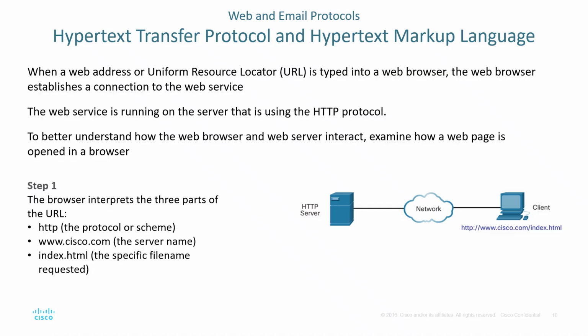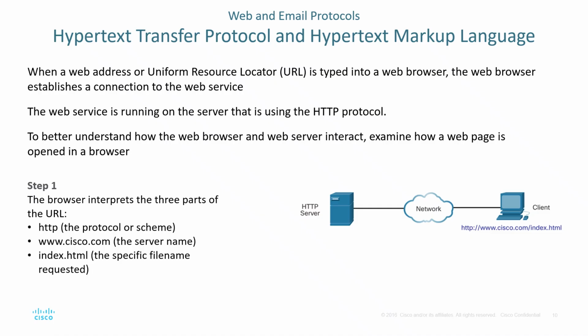Now, what you should see immediately in your browser is when you hit that enter key, now you'll see http://www.cisco.com/index.html. So the browser interprets three parts of the URL. So the URL has three different parts. It has the protocol or the scheme that is identified by HTTP.